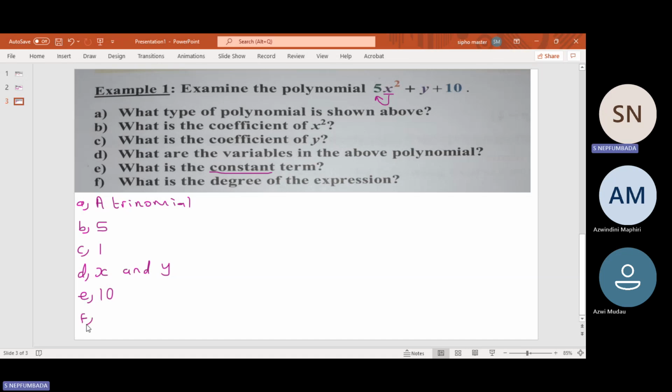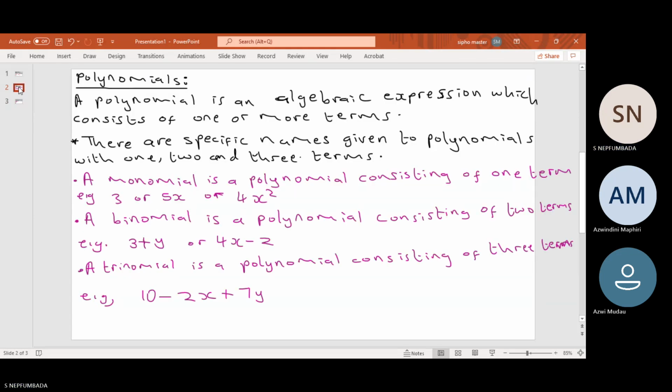They say, what is the degree of the expression? How do we get the degree? NB. We look at the highest exponent.